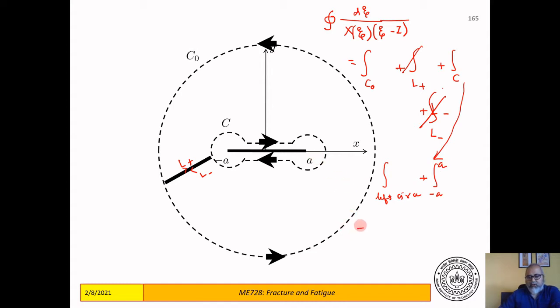Then we'll go around the right circle. And then we will go from a to minus a.